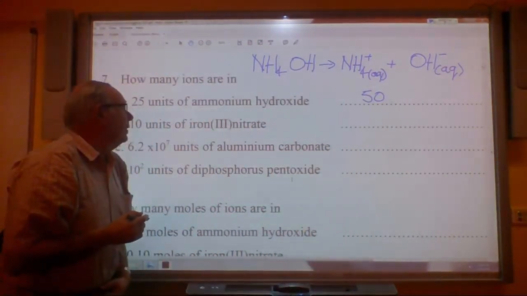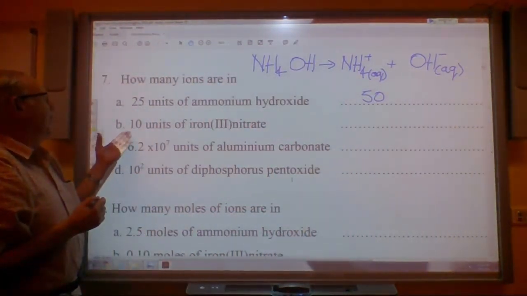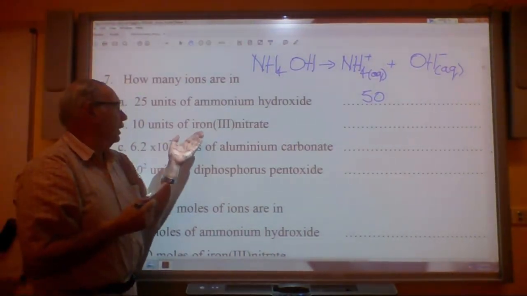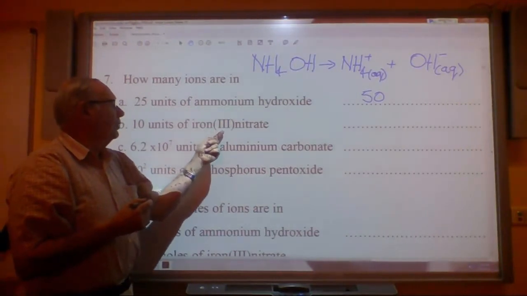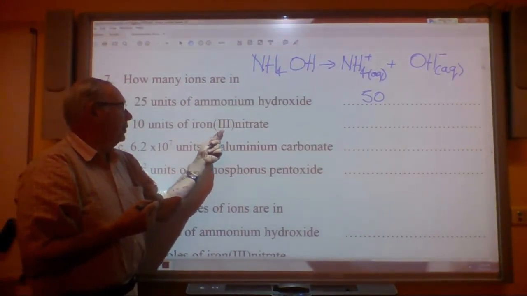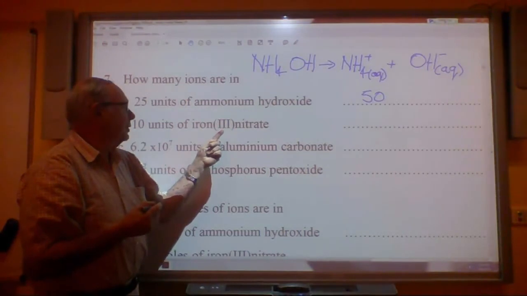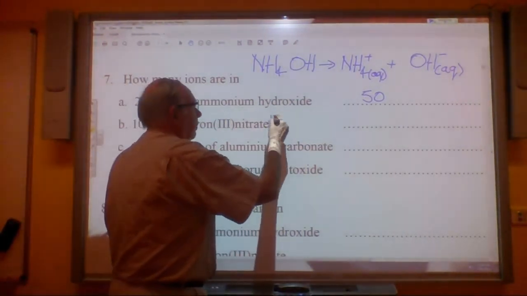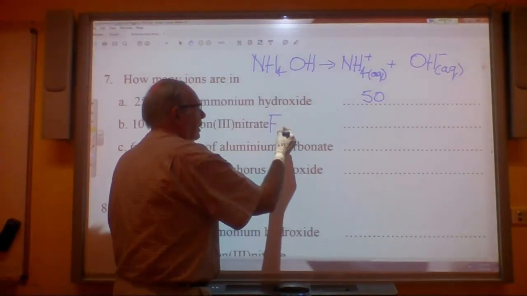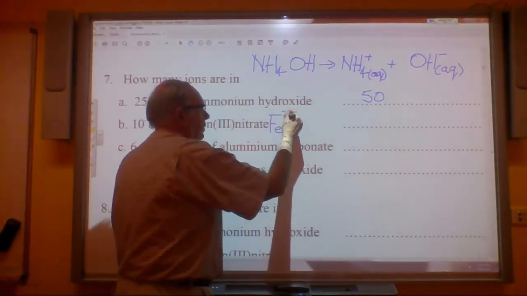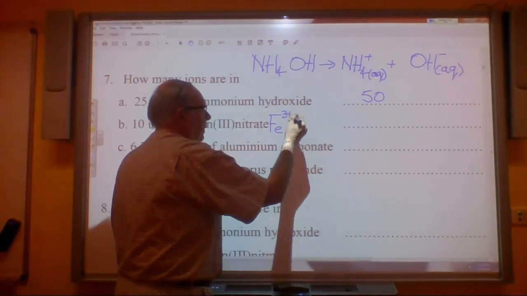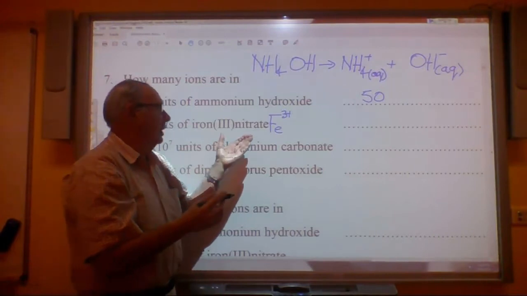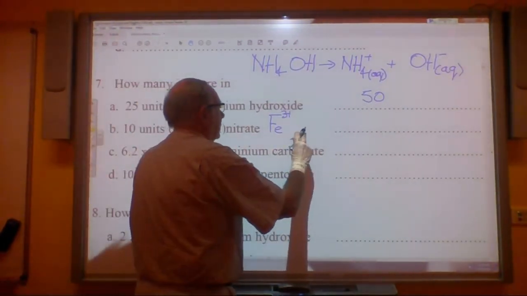The next one asks 10 units of iron 3 nitrate. Now, iron 3 nitrate, that 3 there tells us that the iron, and the symbol for iron is Fe, has a charge of 3 plus. Now, if we're not aware of it already, nitrate has a charge of 1 minus.